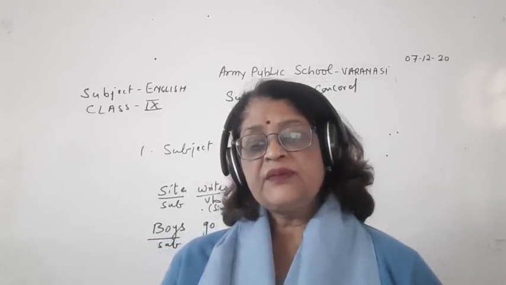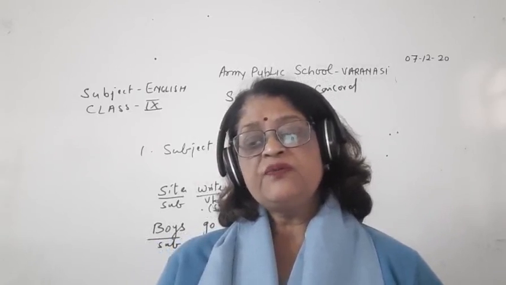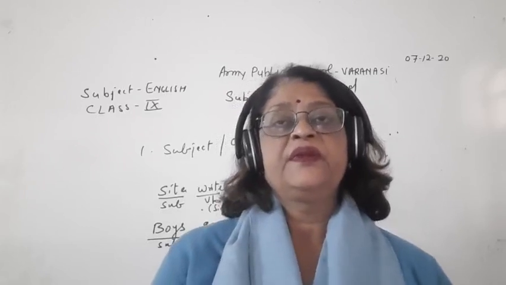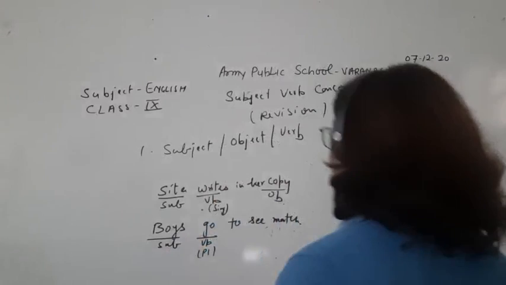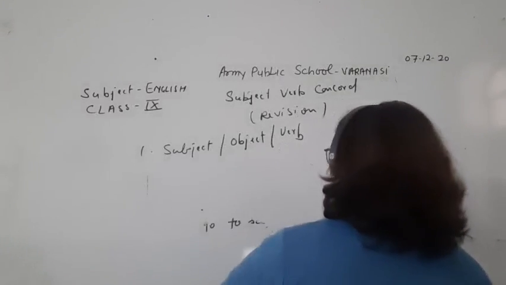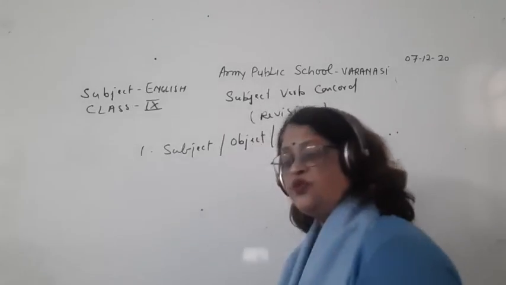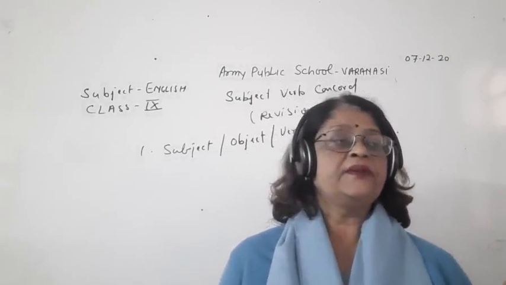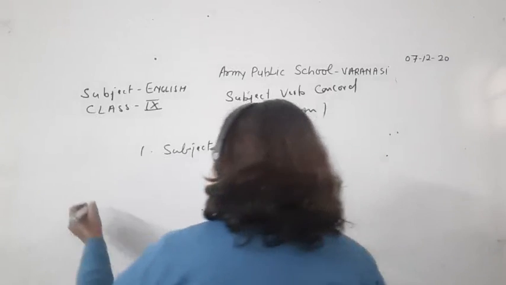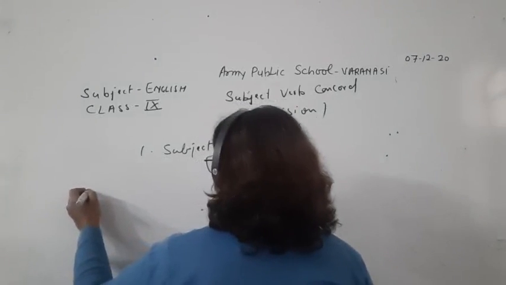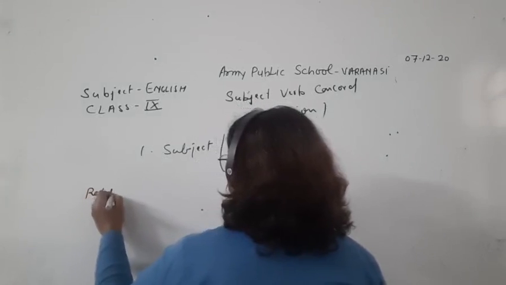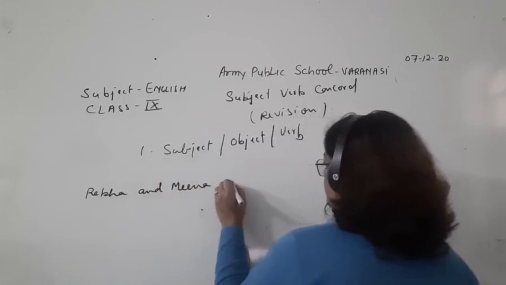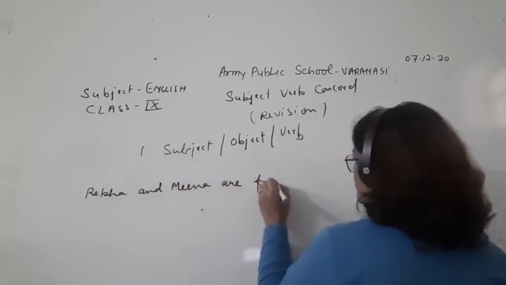So one of the rules was that when two or more singular subjects are connected by and, the verb should be plural. So when two or more subjects are connected by and, the verb here will be plural, like Rekha and Meena are friends.